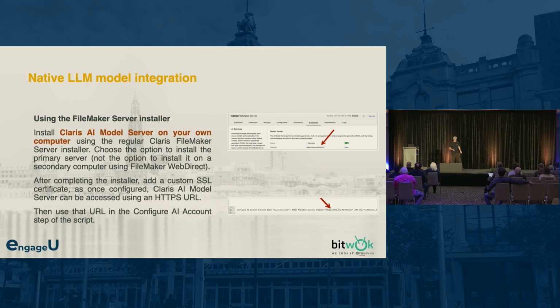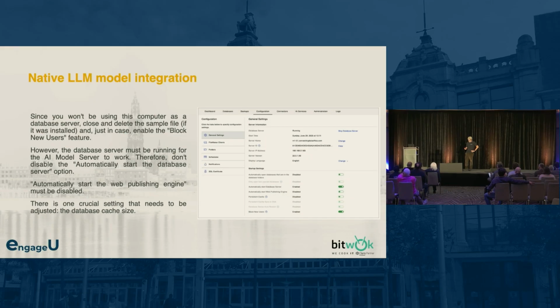Okay, the integration is very easy. You can go step by step and configure your account. It's not very complicated, really. The only thing you should be a little bit careful about is this: try to use a specific server for the AI models.